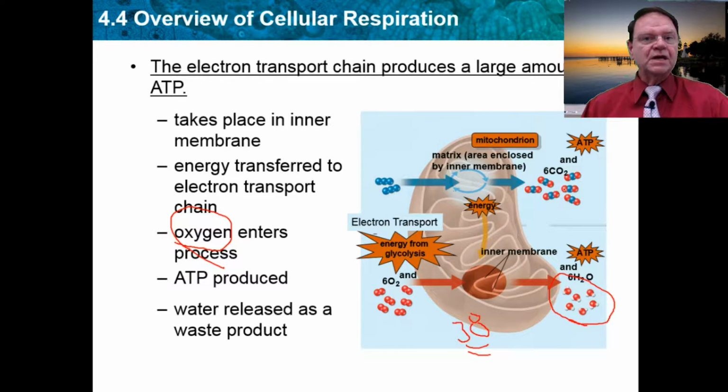But without this oxygen, we can't make the abundant ATP that we're seeing here. And so that's why, for example, when someone is deprived of oxygen, let's say they fall under the ice, or they've been underwater for some reason, and they're deprived of oxygen, that's where we see that damage result in the brain and in the heart, in the cardiac tissue of the heart.